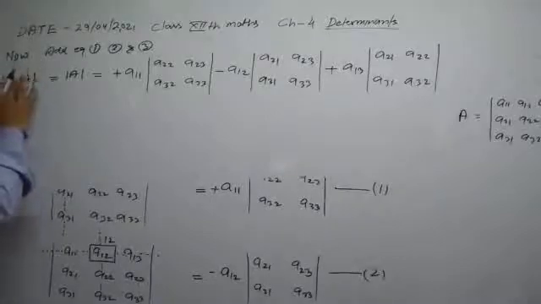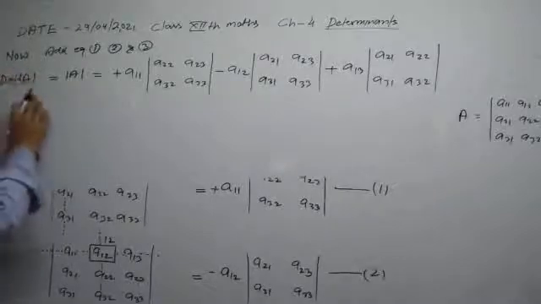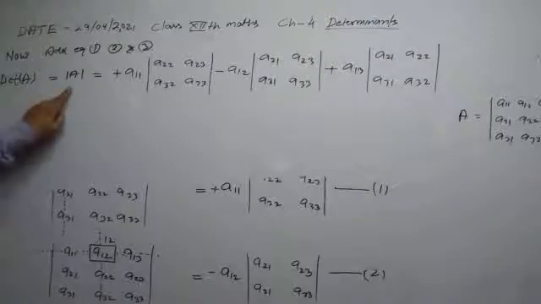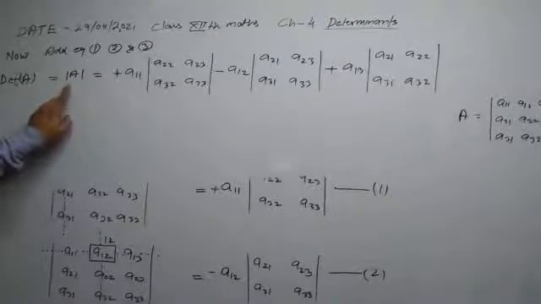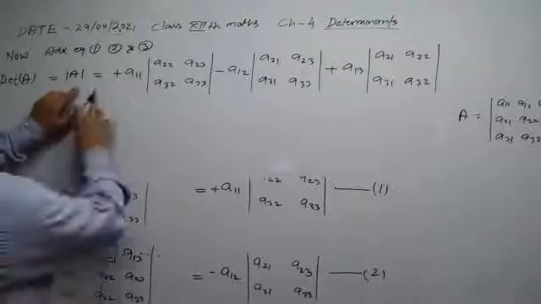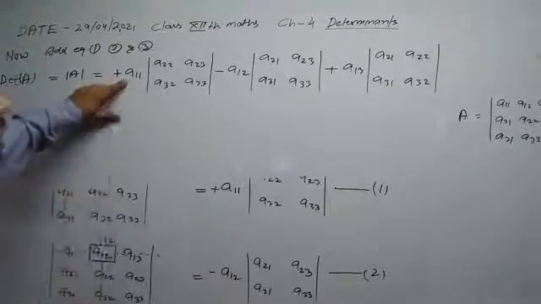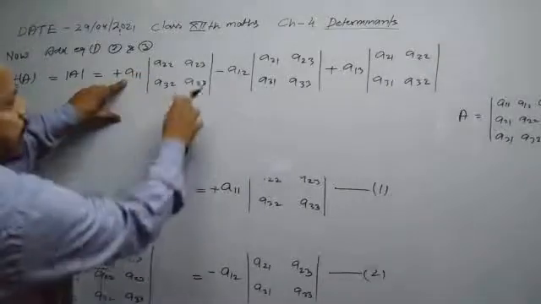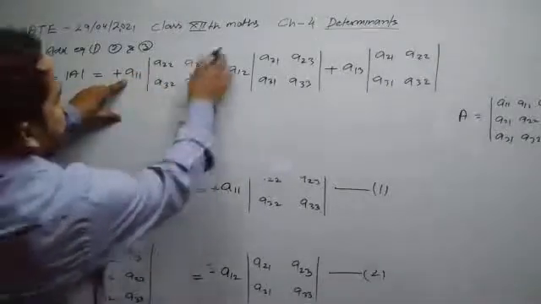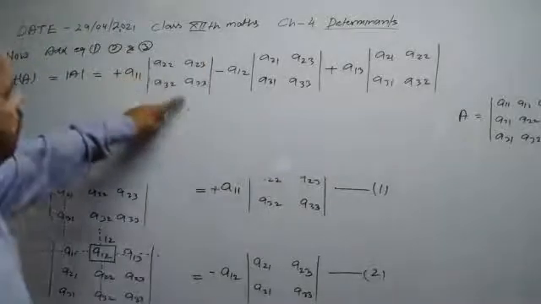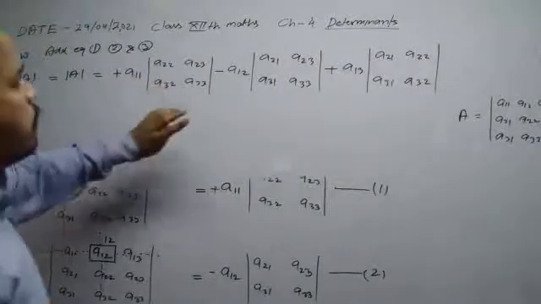Determinant of A, that is also the symbolic representation of determinant of any matrix. So the first equation is A11 in determinant form, A22, A23, A32, A33.